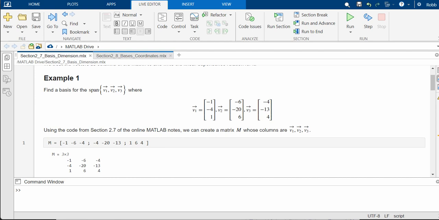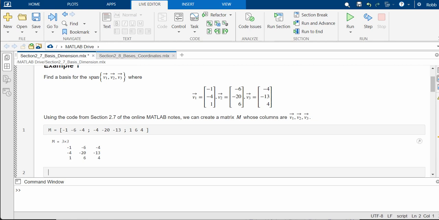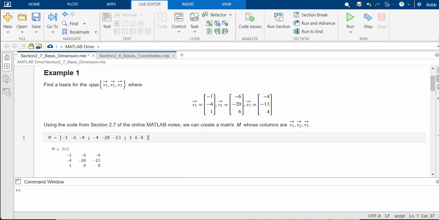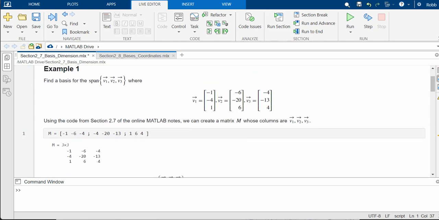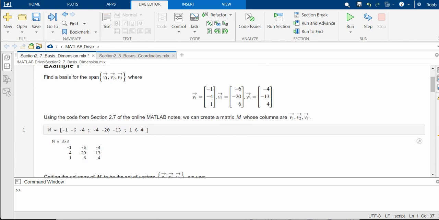I've copied this from the online MATLAB notes, and so we have the matrix M. I was just running the section, so we have everything in the computer. And notice that the matrix has as its columns the correct vectors. So the first column, -1, -4, 1, is V1, and -6, -26 is V2, and so forth. You can see V3 is also correct.